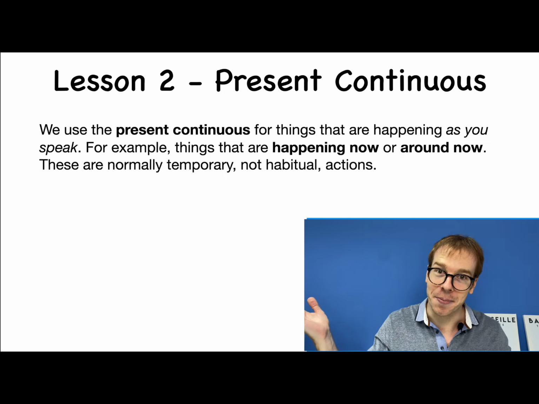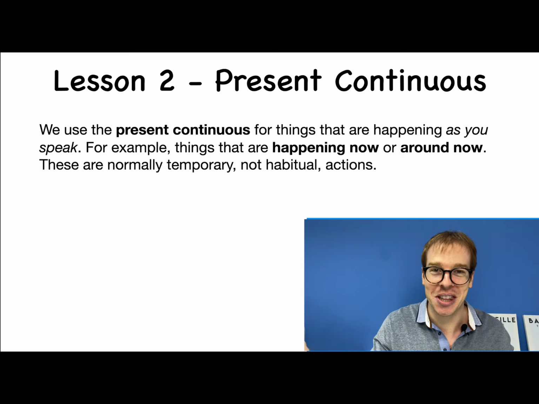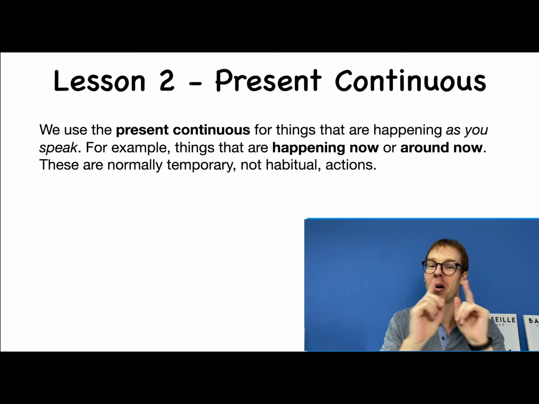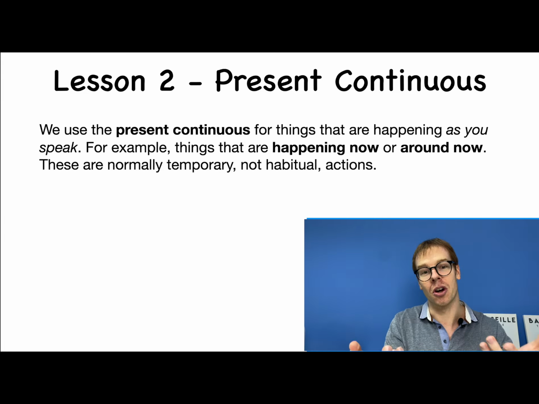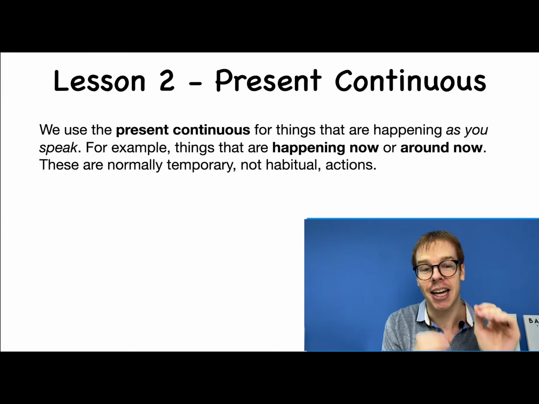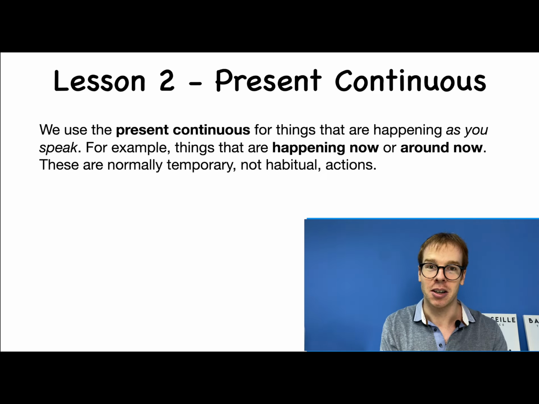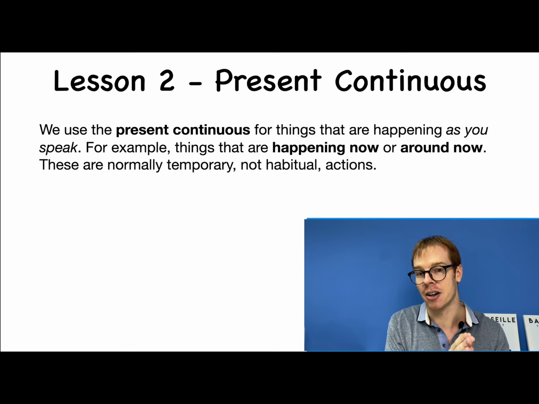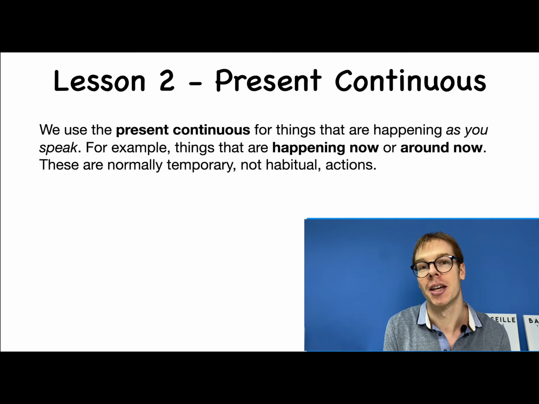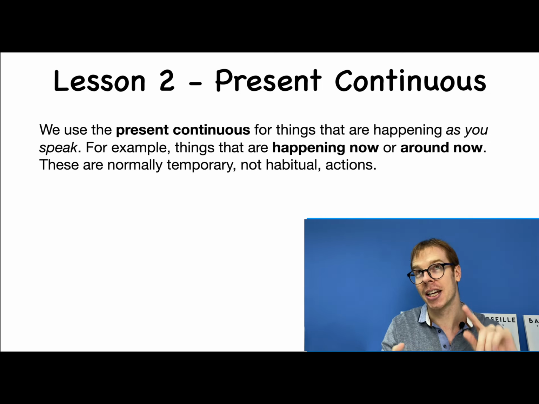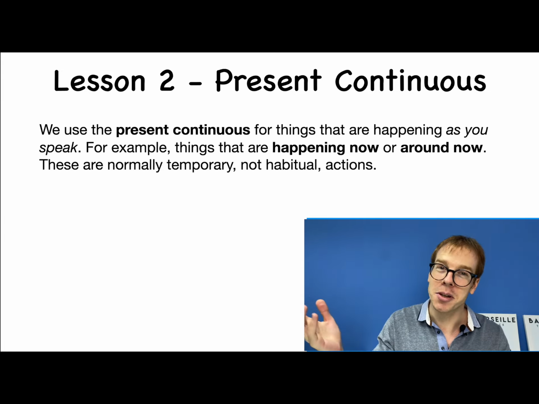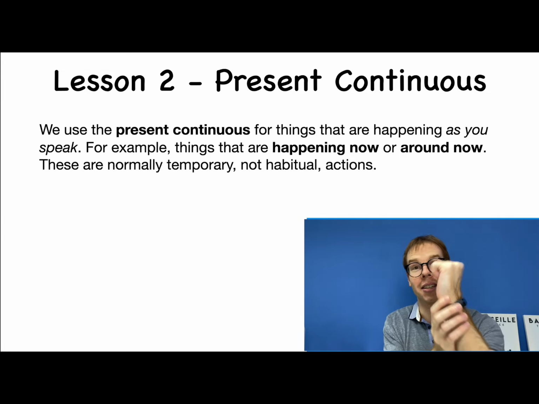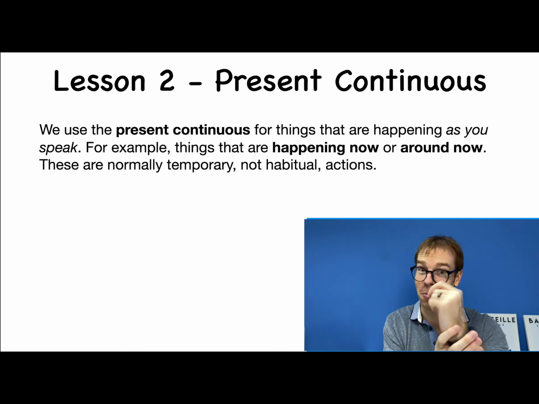So now, why do we need to use this pattern? Well, what we use it for is to show what is happening as you speak. For example, things that are happening right now, or things that are happening around now. Around now means maybe not right now, not at 3:18 p.m. for me.